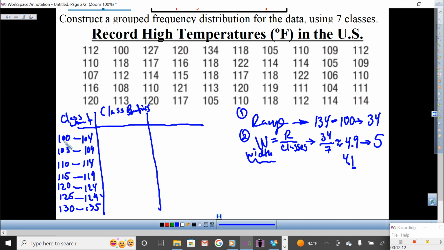So here at 100, we subtract half, and that gives us what? 99.5, and we add to the upper limit, and that gives us what? 104.5. That half is going to close the gap between each class.